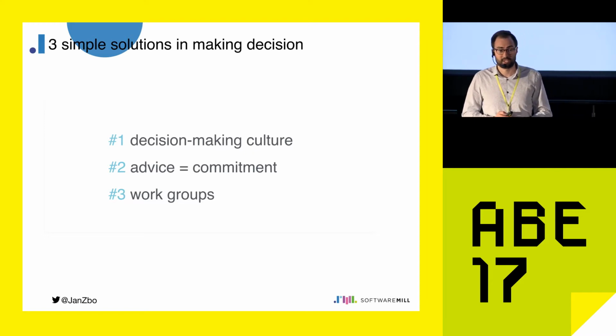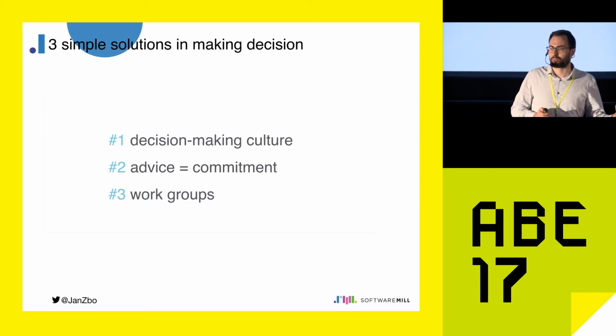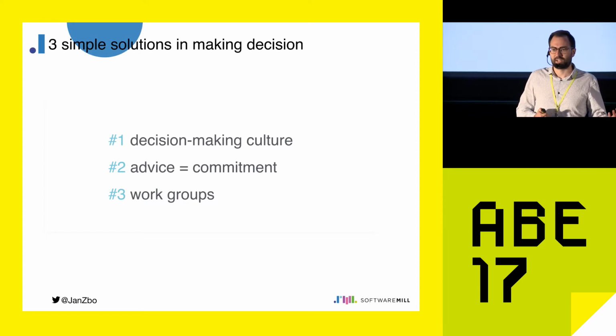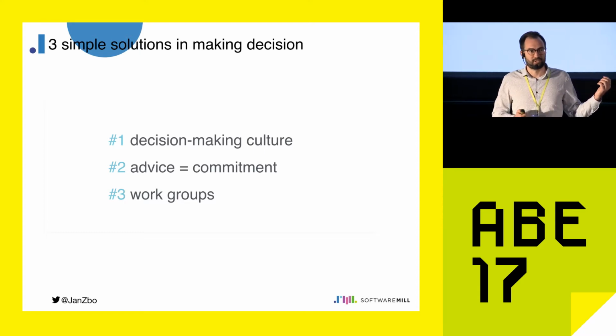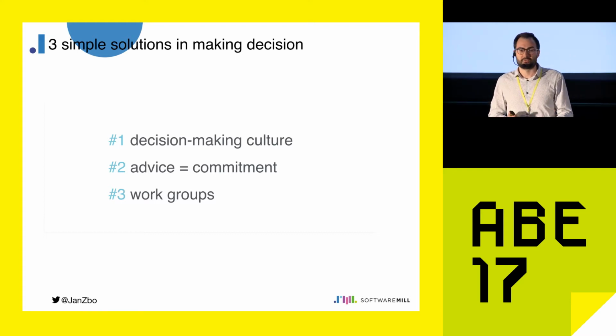And how about strategic decisions? We found out that when solving strategic problems, there is no need for everyone to participate. We created work groups. These are the people who are really interested in the subject and really want to solve the problem.